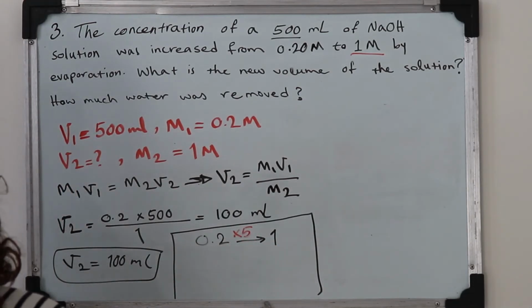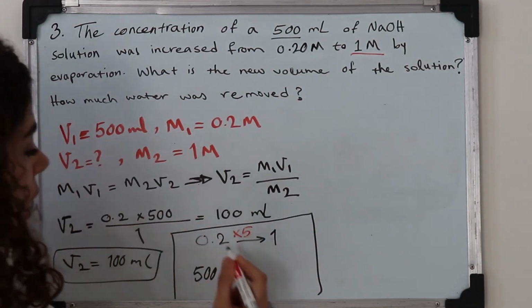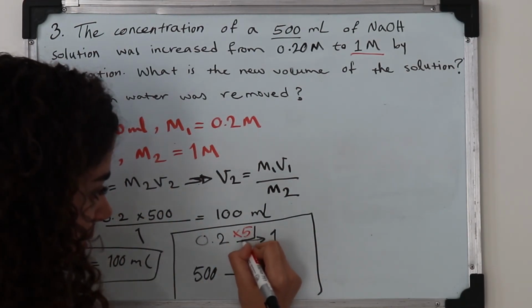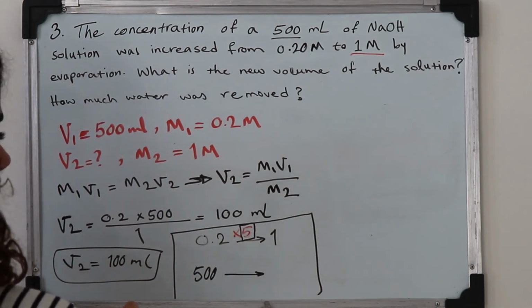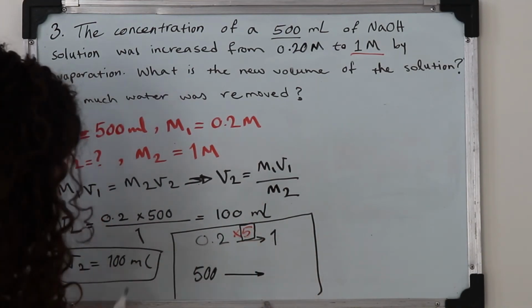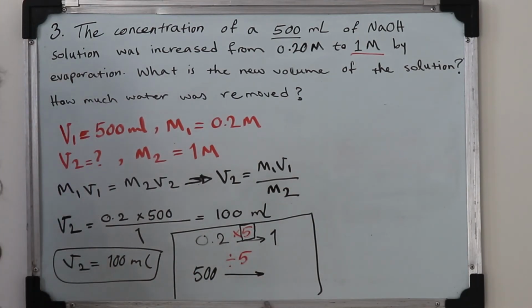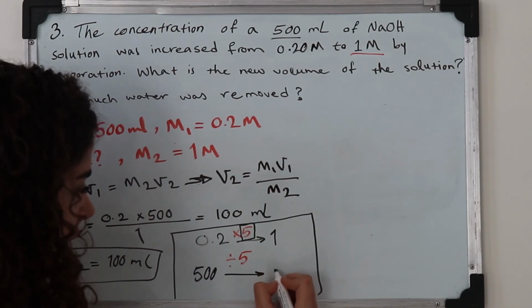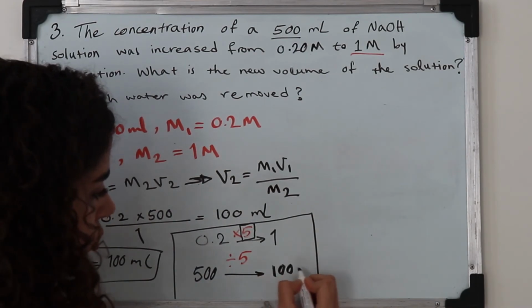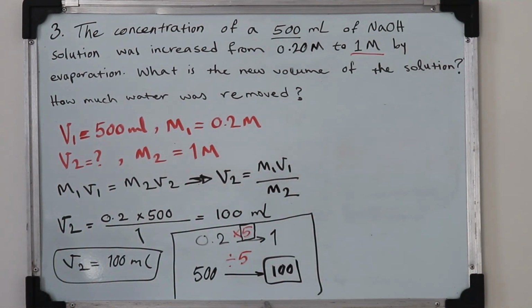So if we want to calculate V2, we can divide V1 by that factor that we calculated from this part. So we divide it by a factor of 5 here. 500 divided by 5 is equal to 100, and it is the same answer that we calculated with the other way.